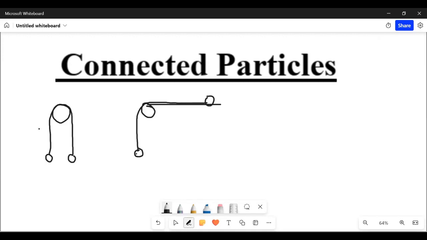Or we could be talking about a system like this where there's a slope, pulley, thread, and connected particles. So these are a few examples of connected particle systems.